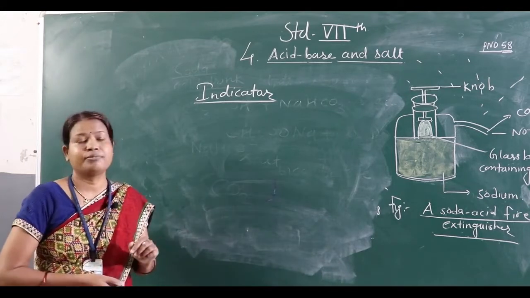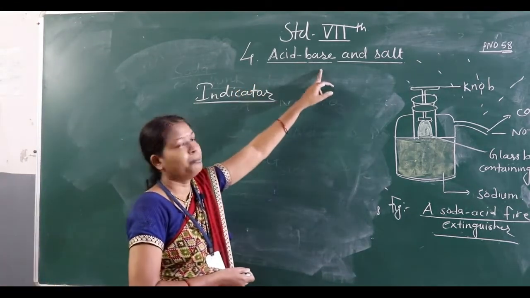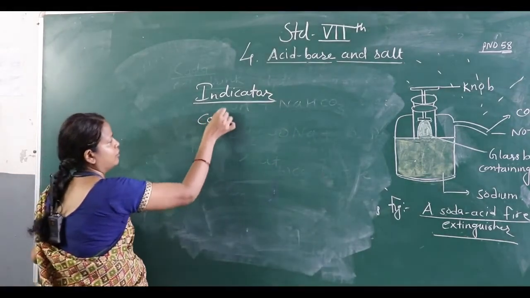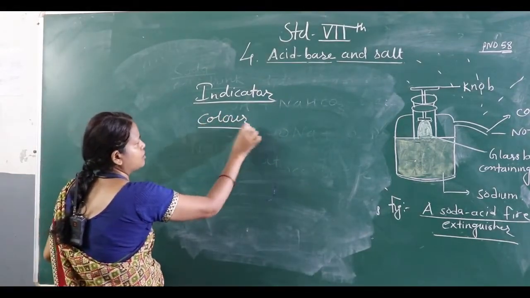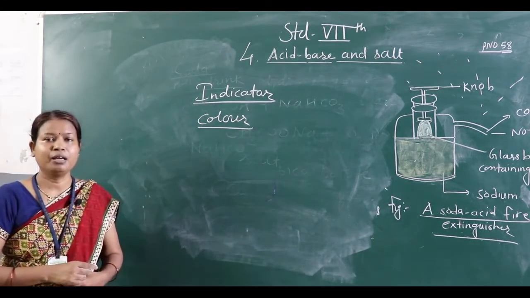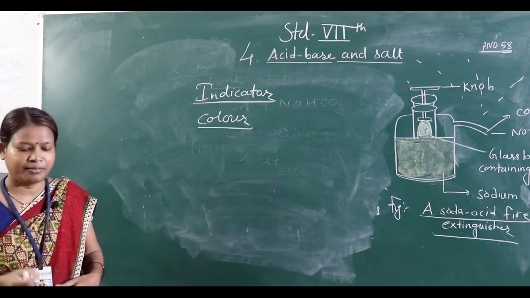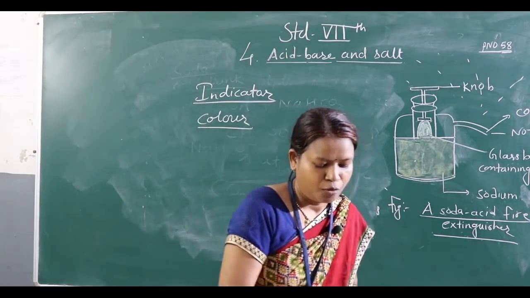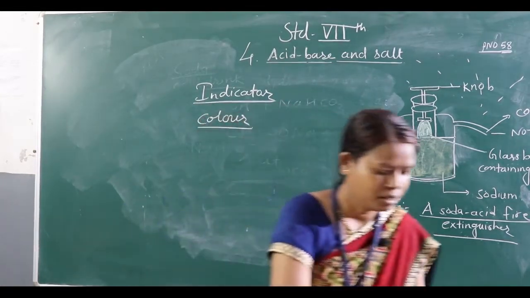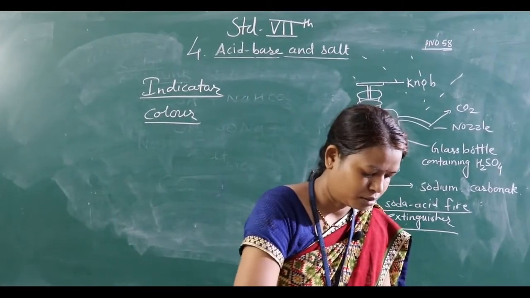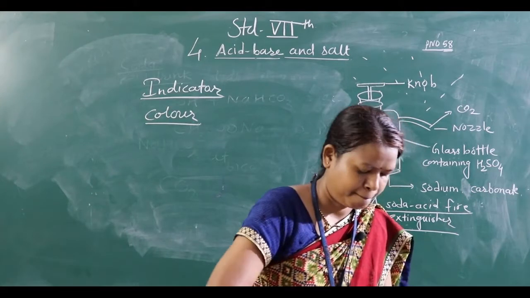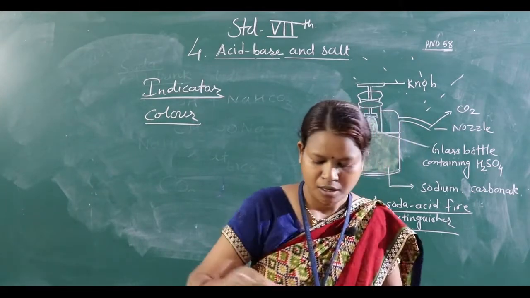If we want to classify acid or base, what will we do? We will see the colors, whether it is acid or base. So the second activity, given in your book, depends on the color. For that we will use the turmeric powder.